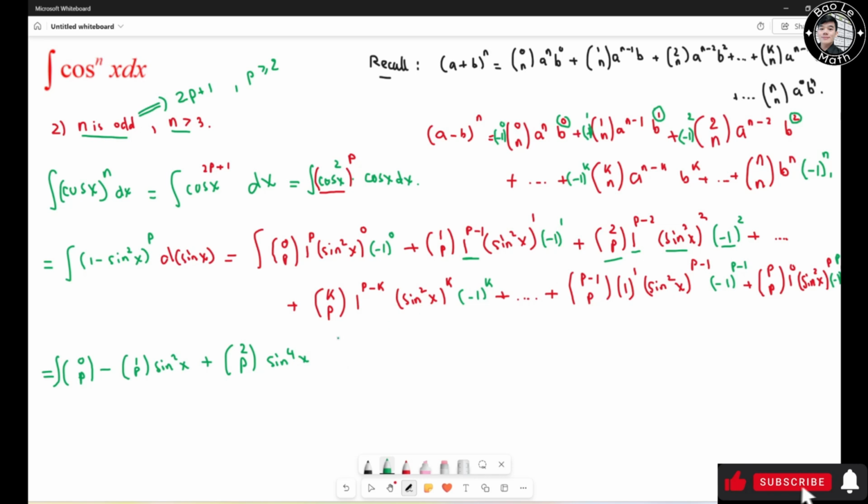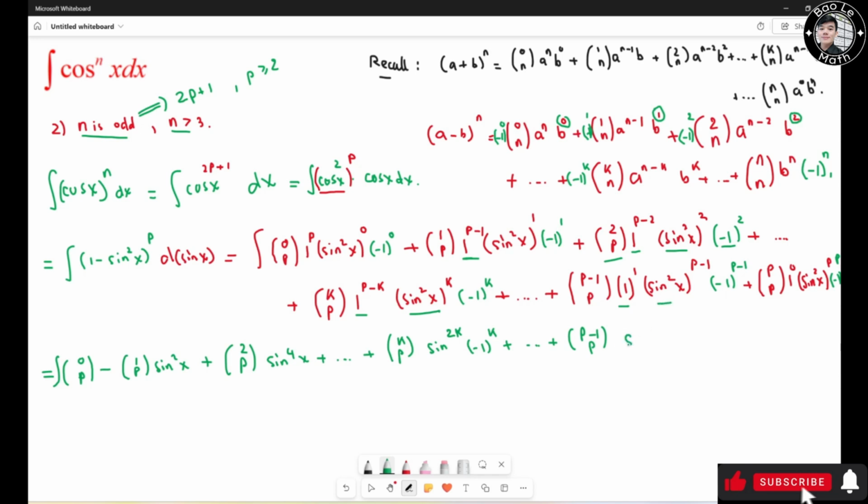Next one, plus etc., plus the general term. It's going to be right here. Combination of k, p. This equal to 1. This equal to sine raised to the 2k, right? Times negative 1 raised to the k, plus etc., plus the last two terms right here. The combination of p minus 1, p. This equal to 1.